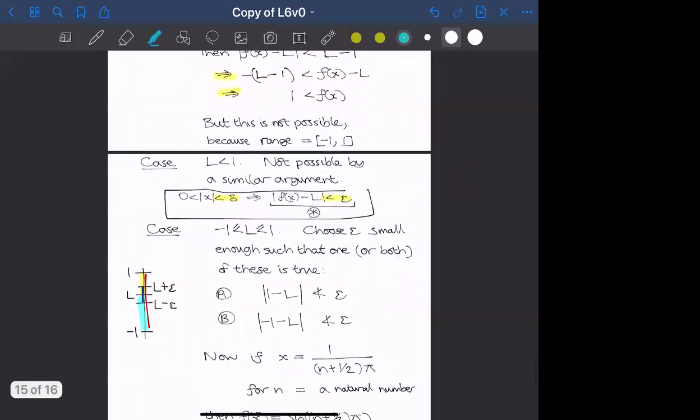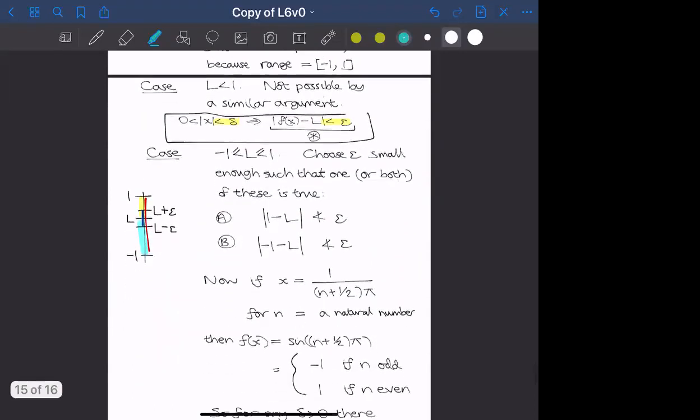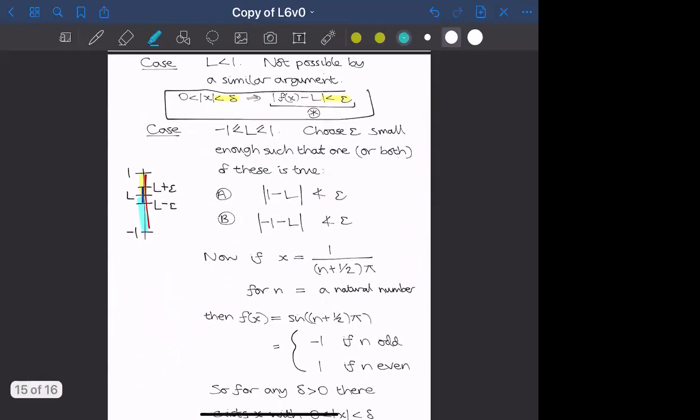It's what I said, that if I let x be 1 over n plus a half times pi, for n some natural number, then we know what f of x is. So f of x by definition is sine of that natural number n.